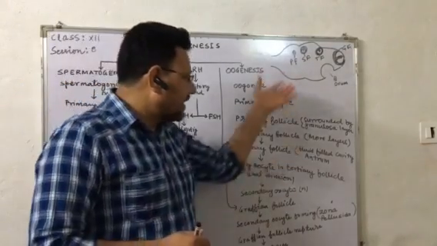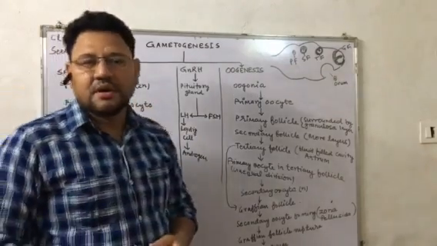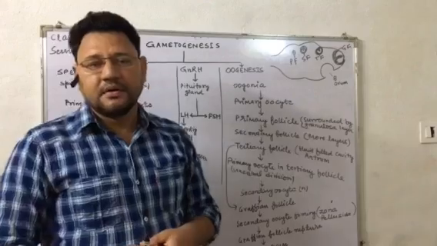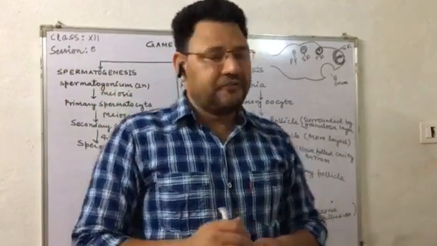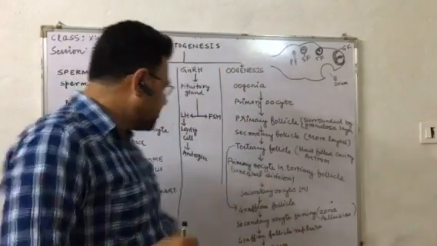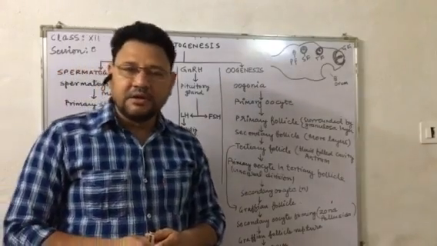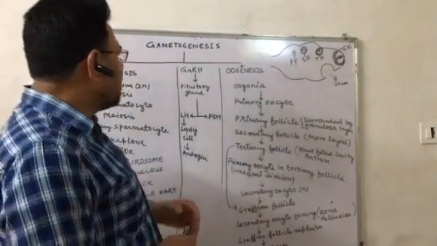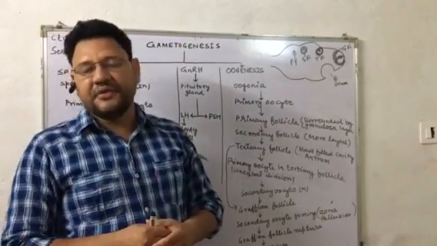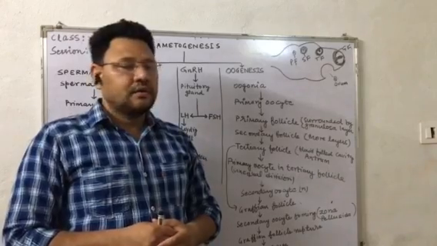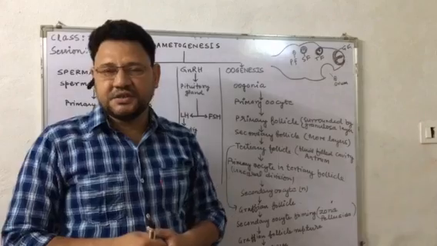This linear diagram, as you can see on this whiteboard, I made it for your convenience. If this diagram is prepared properly, then you will be able to write the process of gametogenesis both in male and female, and it will take more than 4 pages.